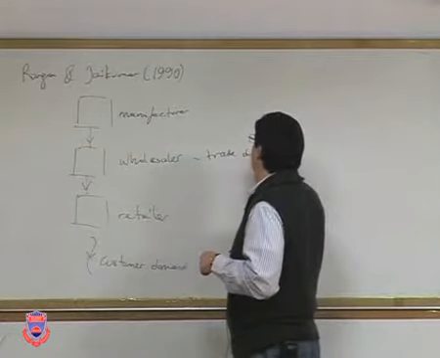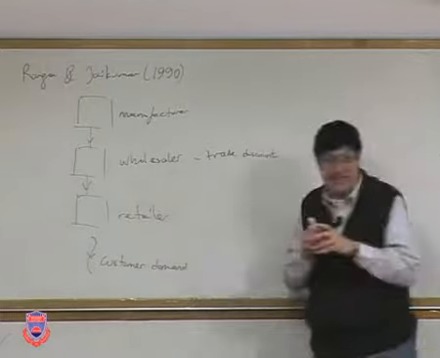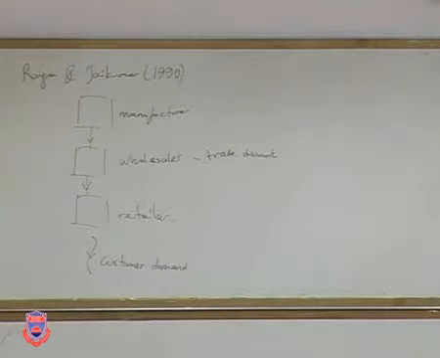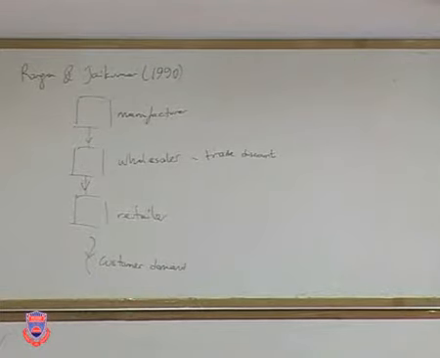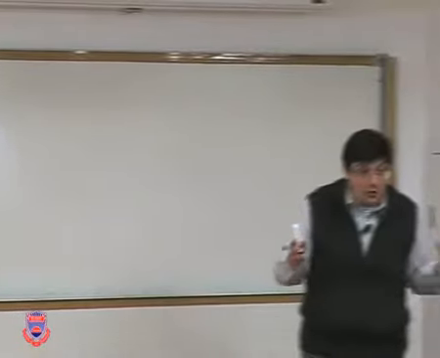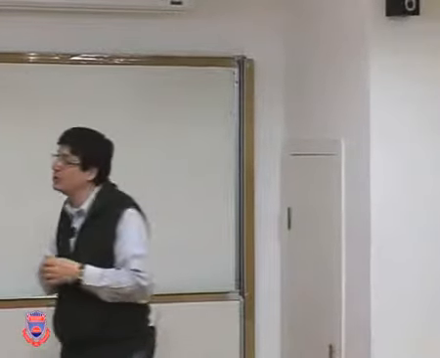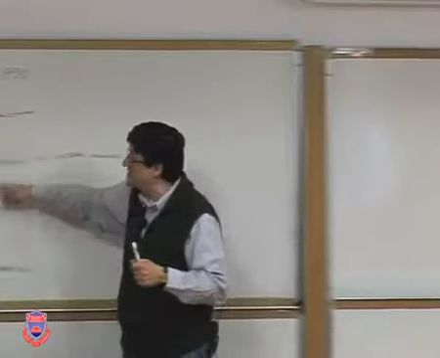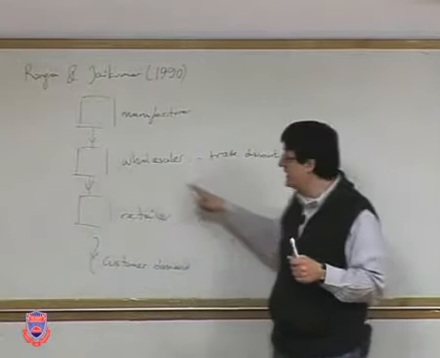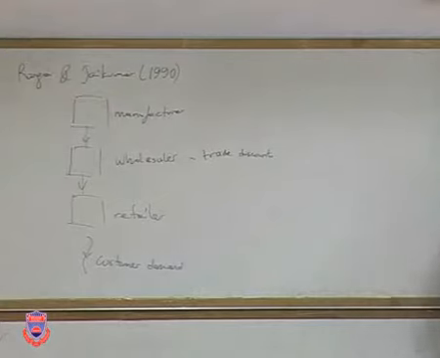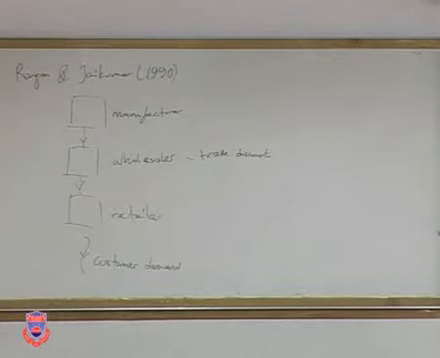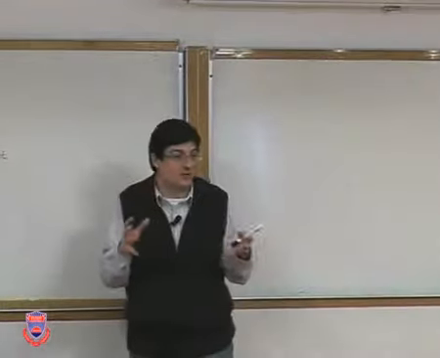Now, a trade discount is a discount which is given over all the quantity, over all the items that you sell. It is not a discount that you give per item, but a discount that you give over all the volume of transactions with the other party. In other words, if you are a warehouse or a wholesaler who works very frequently with the same manufacturer, you're going to have a larger discount.